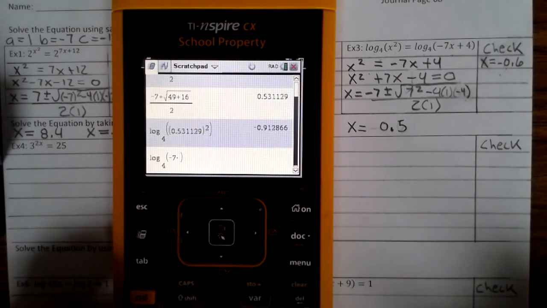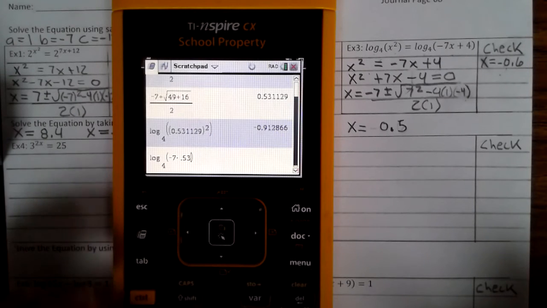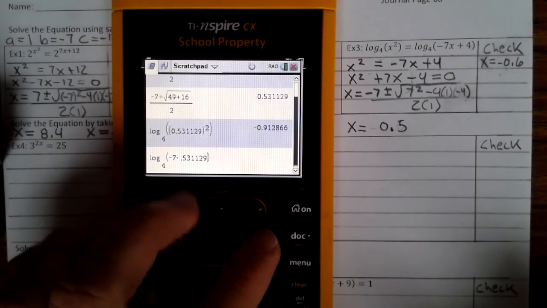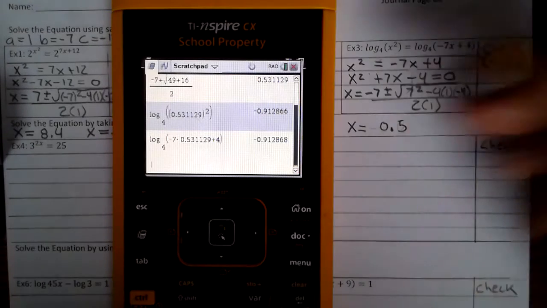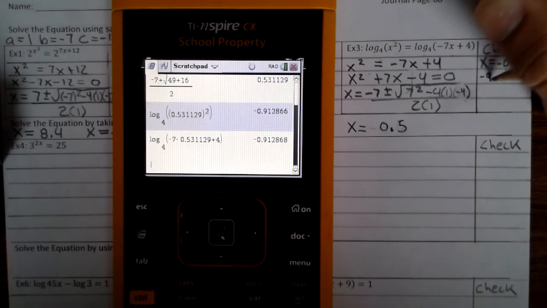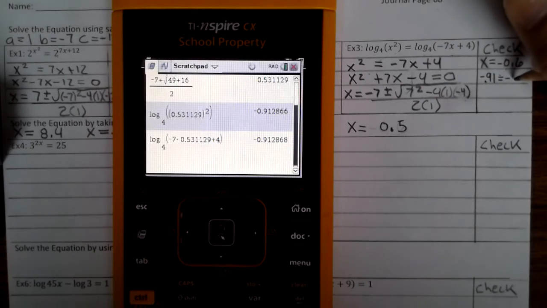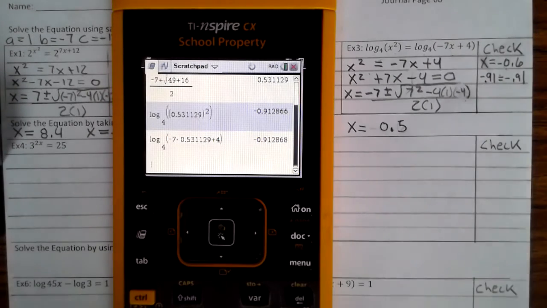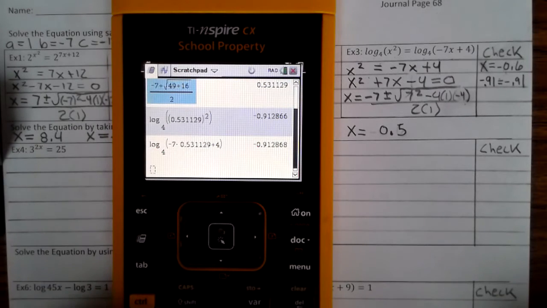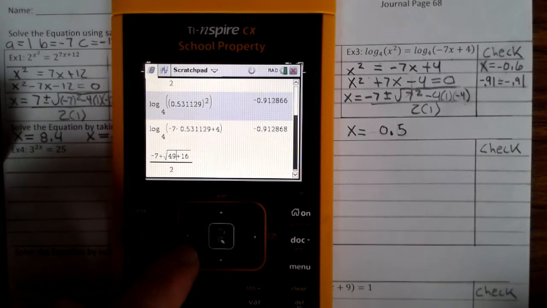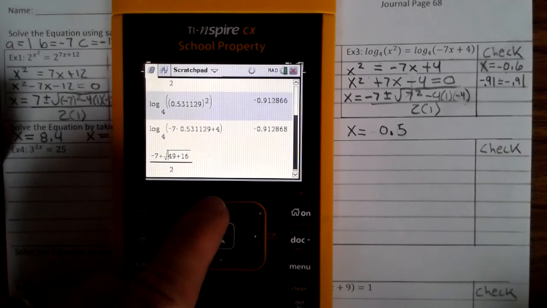You see that these are equal, so negative 0.91 equals negative 0.91, so that checks. So now let's find the second solution. So I'm going to highlight this, press enter, change the plus to a minus, and so x equals negative 7.5.